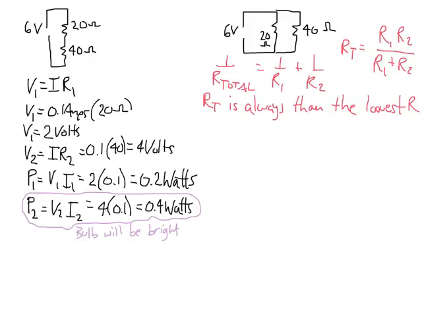Let's go take a look at the series circuit. Right? Let's calculate the power in the two light bulbs in that series circuit. So we have over here power 1. Again, we're in this circuit looking at V1, I1.